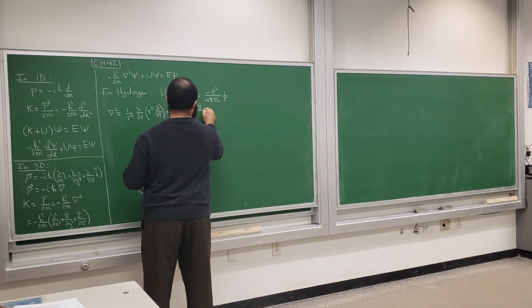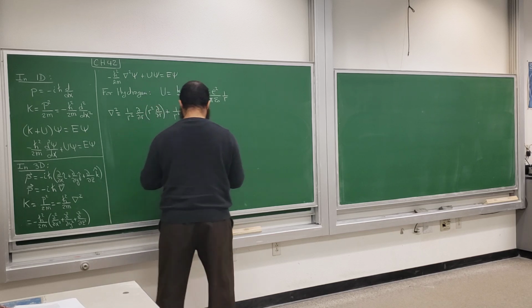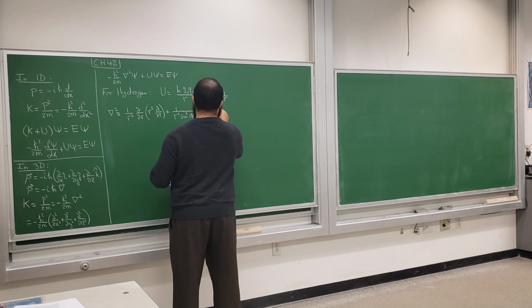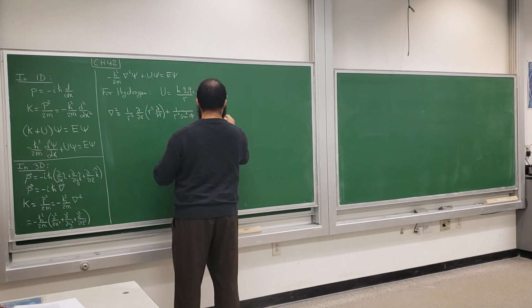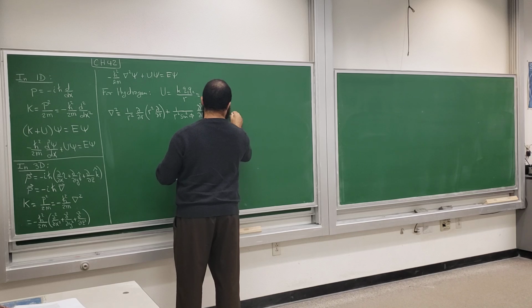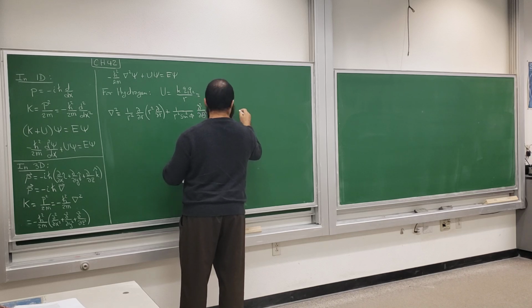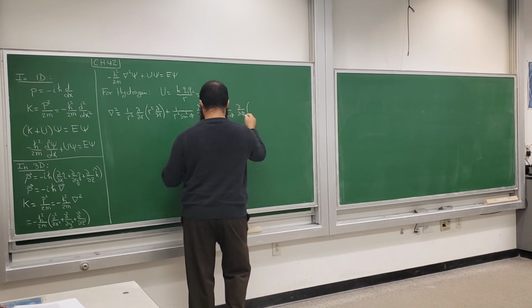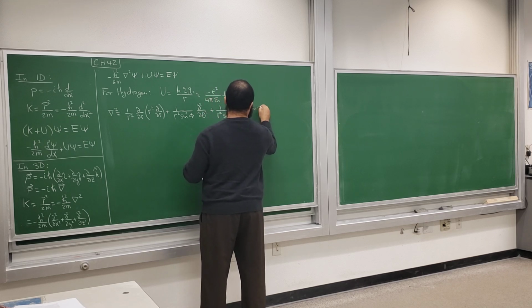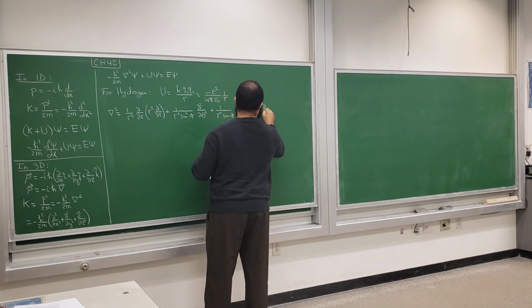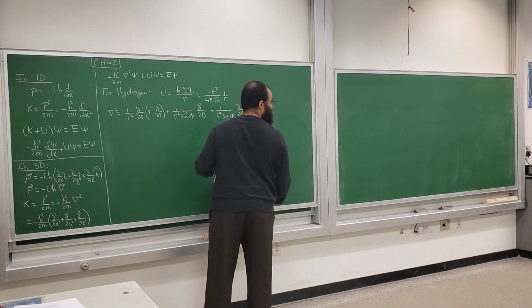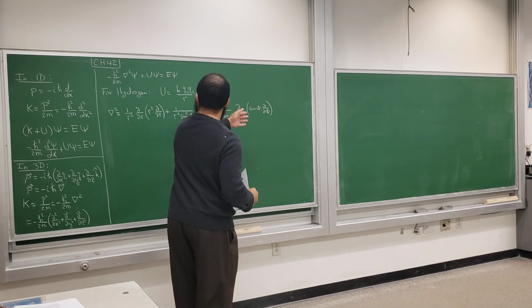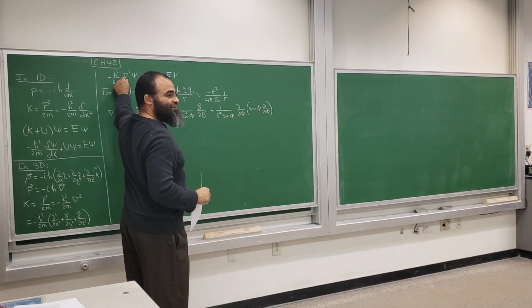Second derivative with respect to theta, plus 1 over r squared sine phi times sine, all this to replace just this guy.